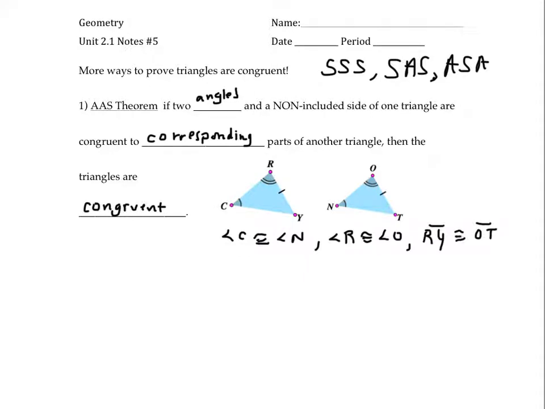So if you take a look at where they are, they've got angle, angle, side, congruent to angle, angle, side. Okay, so if you see that pattern happening in a pair of triangles, then the triangles are definitely congruent.